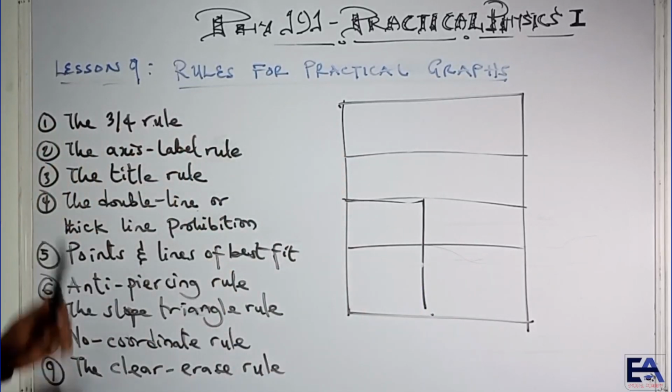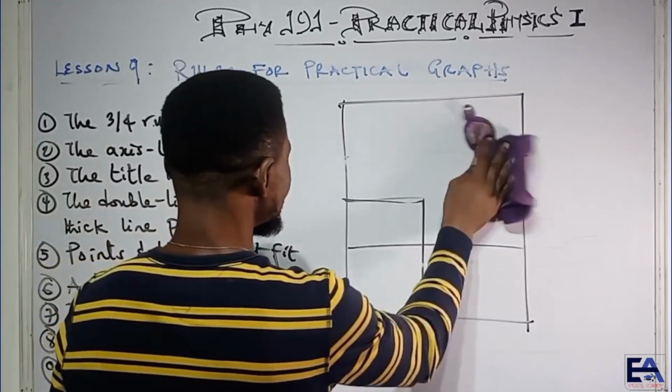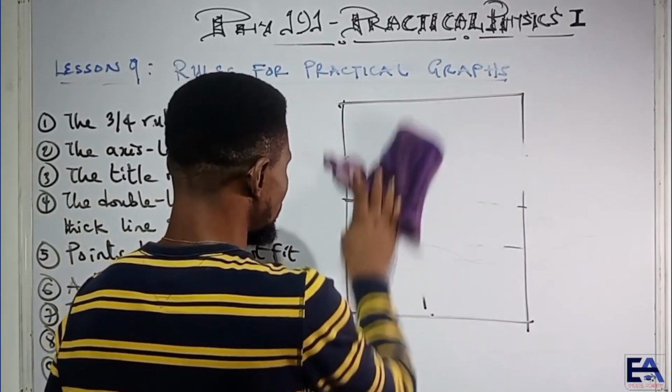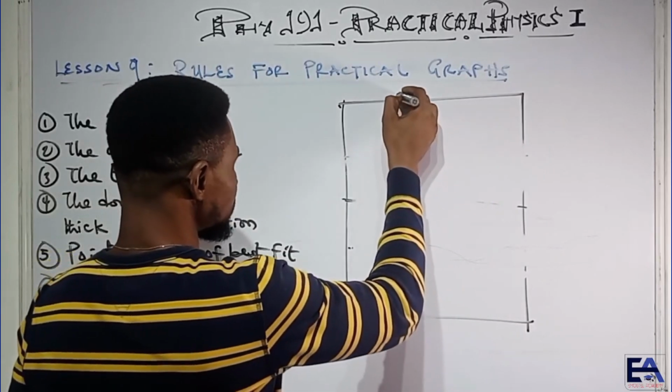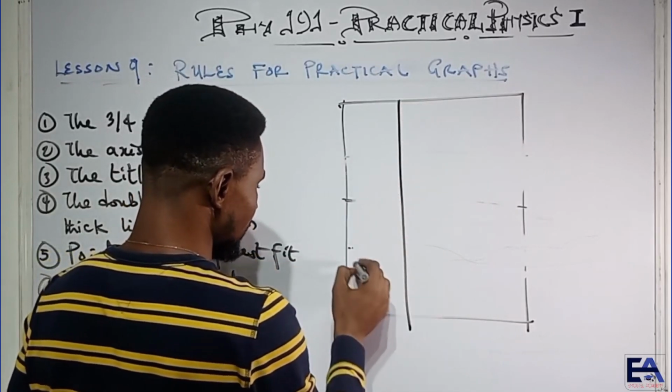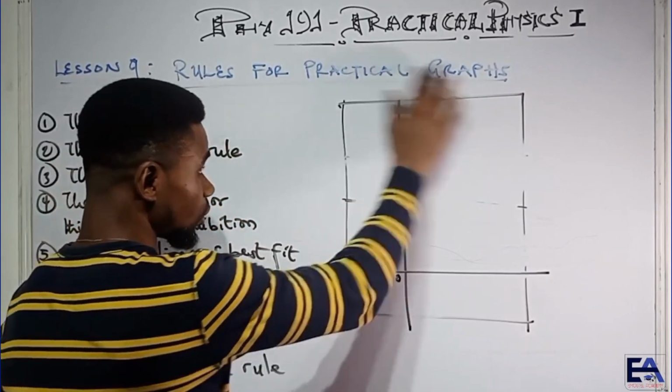Then number 2 is the axis label rule. When you have your graph, it is very important that you label the axes of your graph. Maybe you're plotting your graph, you have this axis and then you have this axis, this is the origin, and maybe this is your graph page.